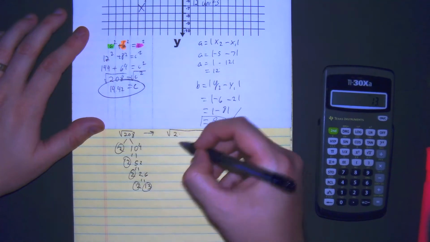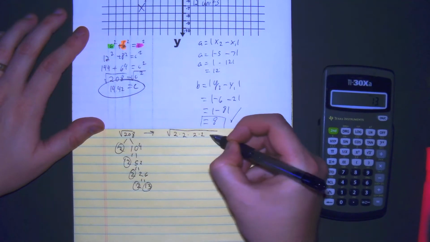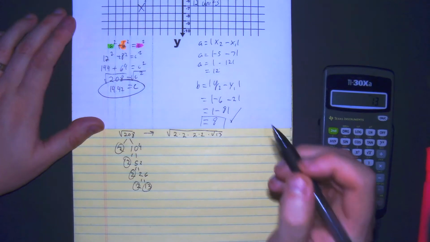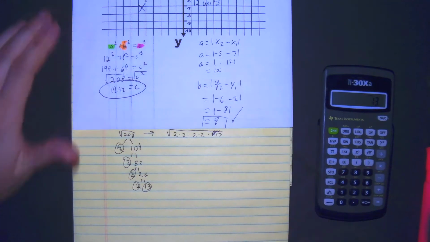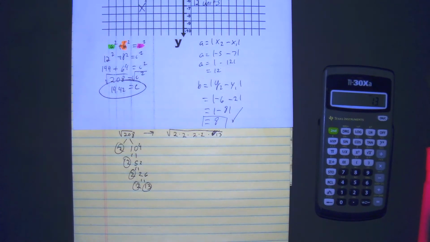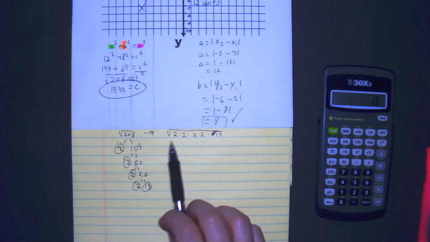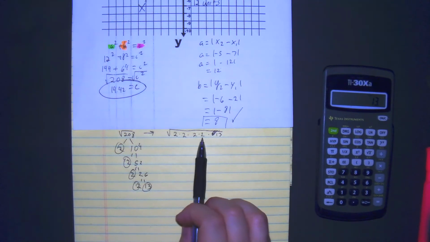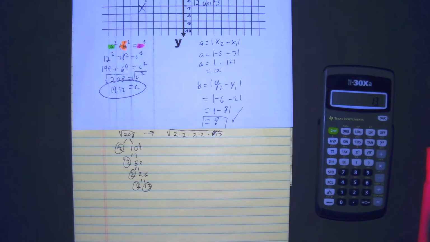Oops, why am I doing a square root within a square root? We don't want to do that mess. Alright, we have 2 times 2 times 2 times 2 times 13. With a square root, we're just going to be taking out all the prime numbers within it that form perfect squares.